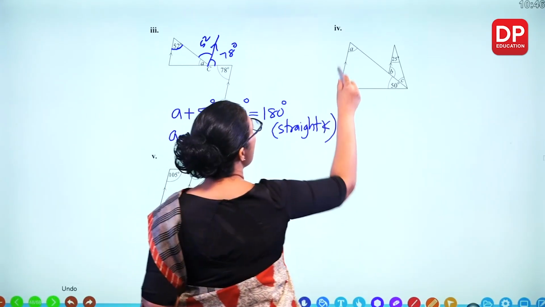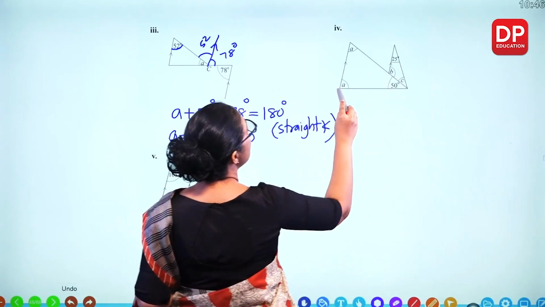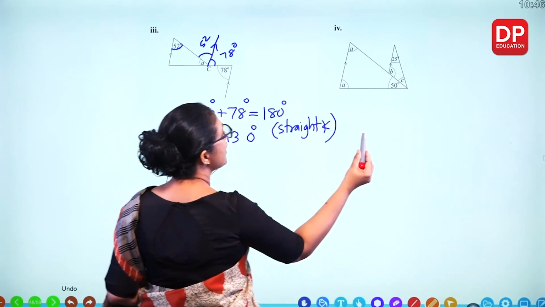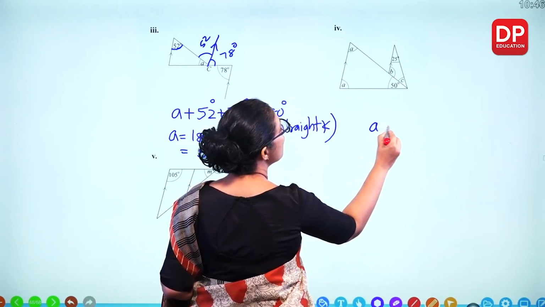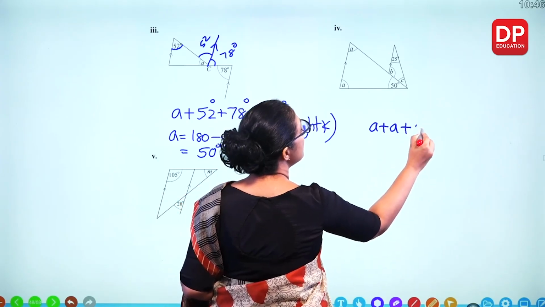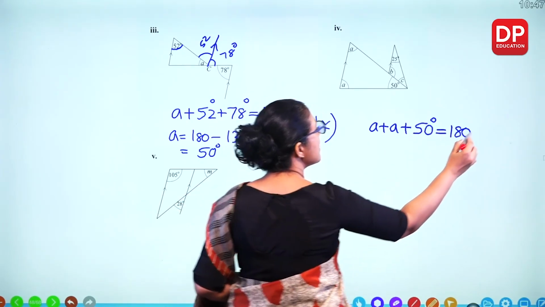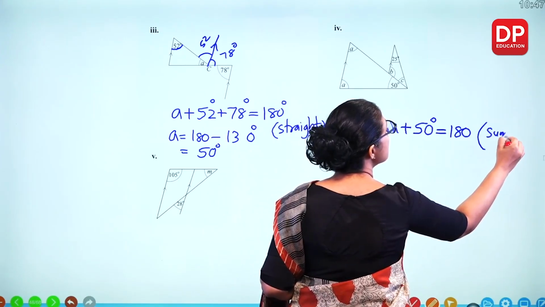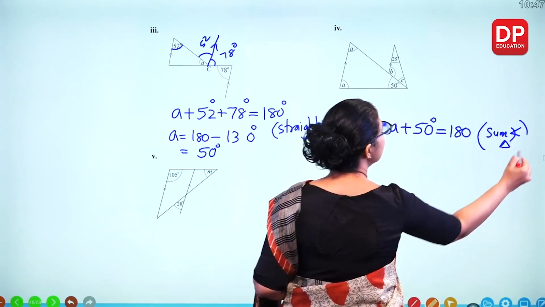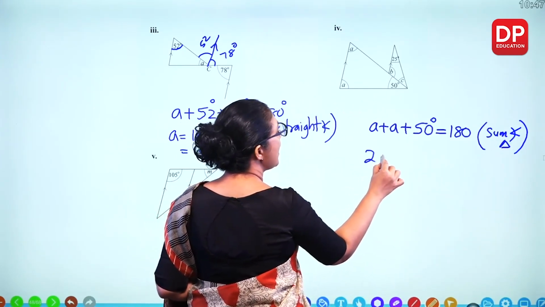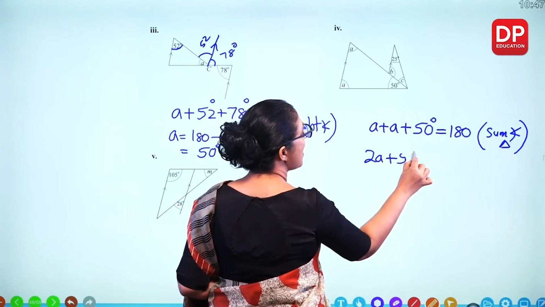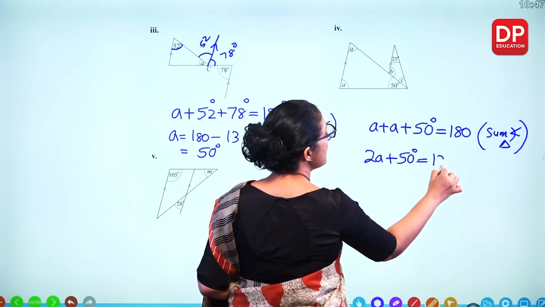Look at this one. These two lines are parallel. And here, this is a triangle. So what can you say about the sum of angles in a triangle? A plus A plus 50 is 180. Sum of angles in a triangle. 2a plus 50 is 180.